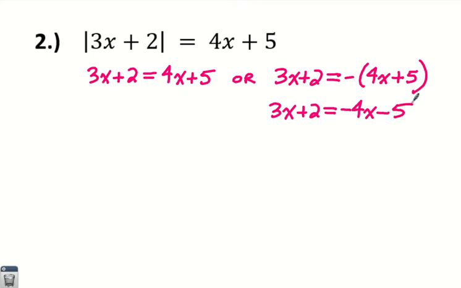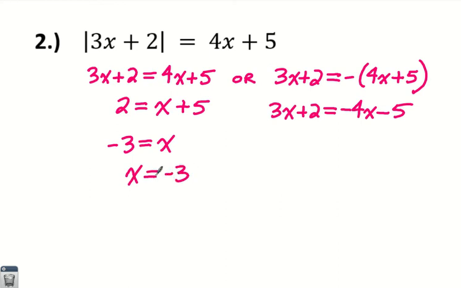And now we can kind of solve both of these separately, just like before. I'm going to subtract 3x from both sides so that it's a positive x over on the right. And then I'm going to subtract 5 from both sides and essentially get x equals negative 3 over here.